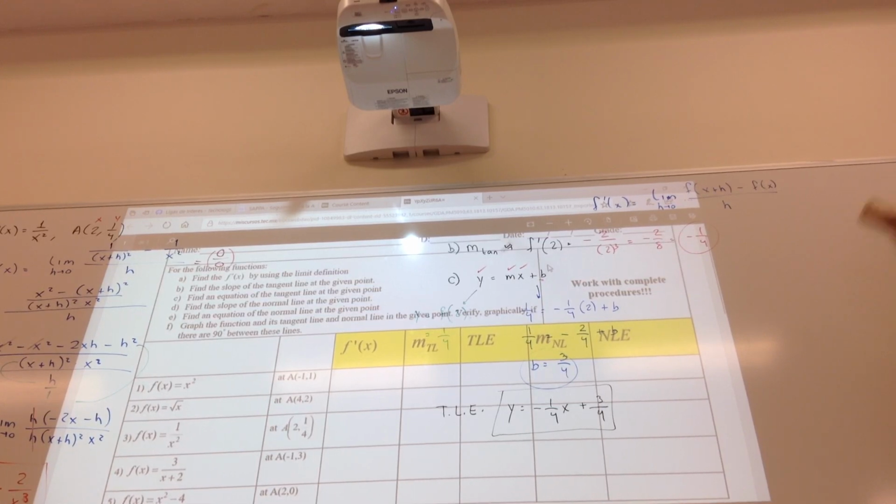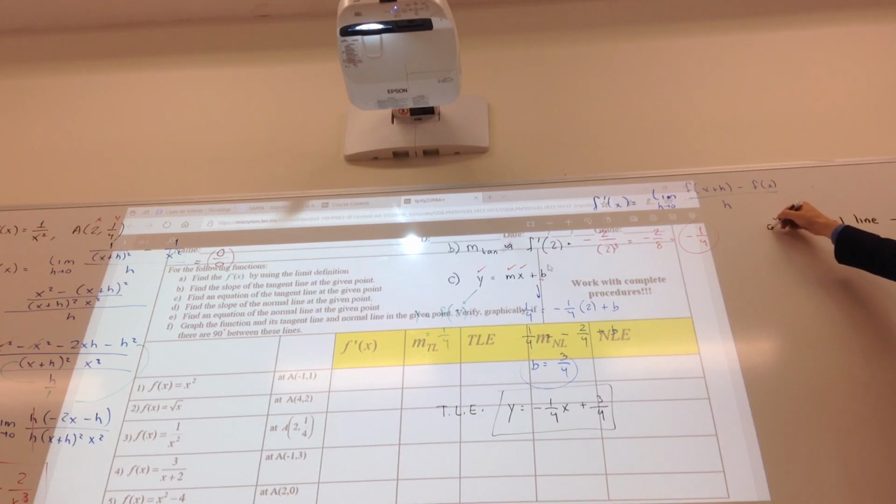Okay, listen. If I want to find the normal line, what's the normal line? The normal line is going to be a line that is perpendicular to the tangent line.